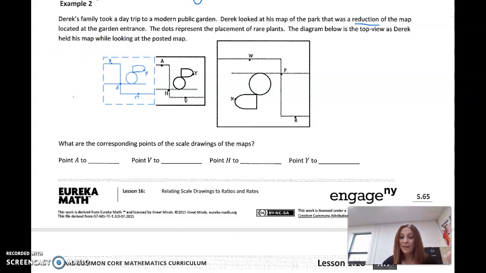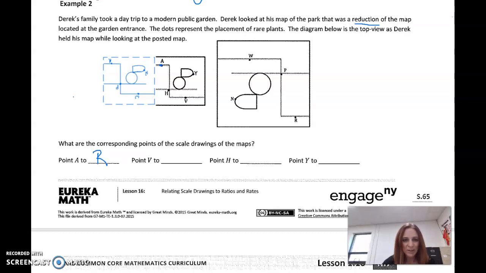So when we're corresponding points, they don't have to match up perfectly. Once we reduce or enlarge things, we can turn it around. So point A right here is going to match up with this point right here, which was point R. I know it doesn't look like an R when it's that small. Point V is right here.